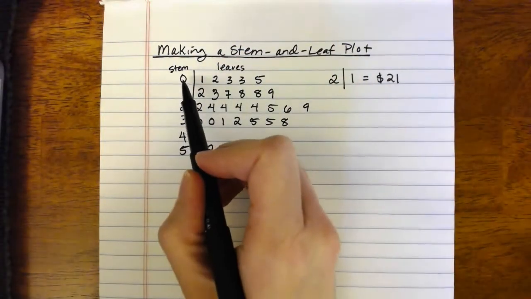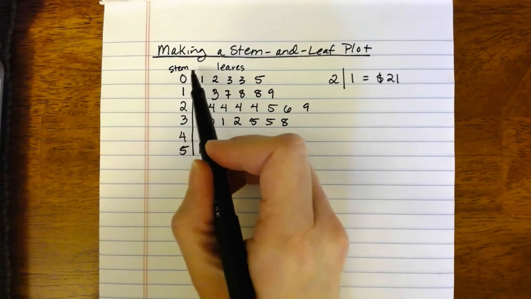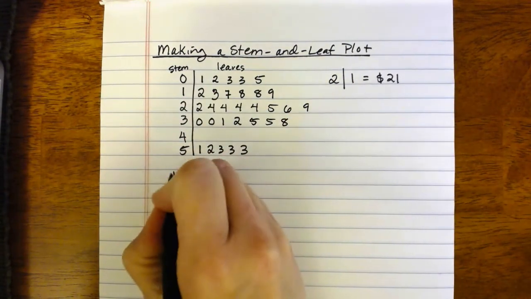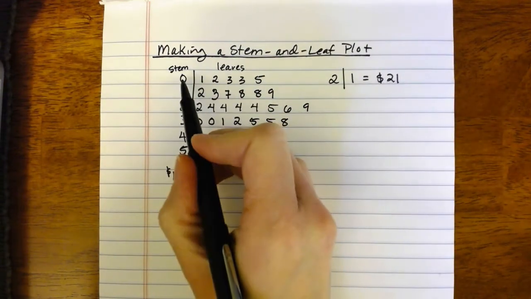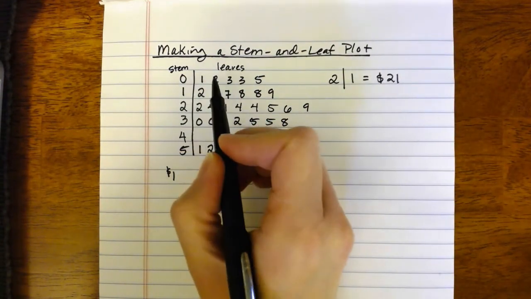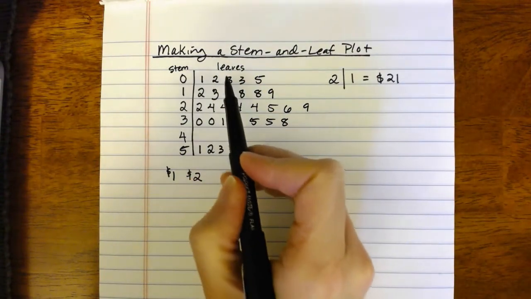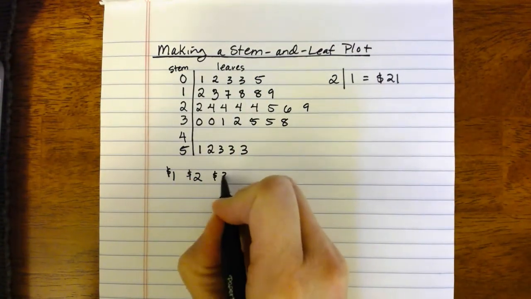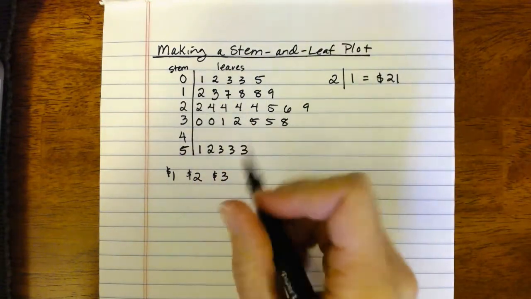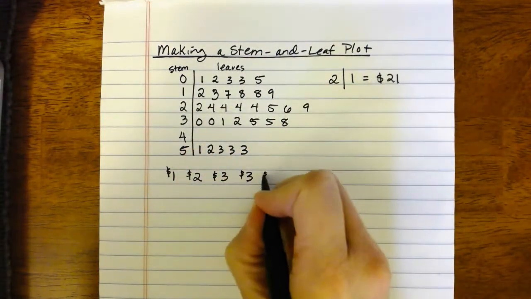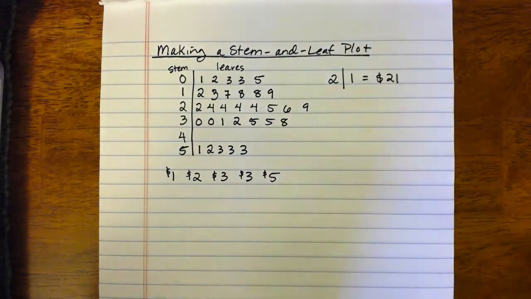So this is telling us that we have one data point with a stem of 0 and a leaf of 1. It's $1. We have another with a stem of 0 and a leaf of 2, which would represent $2. 0, 3 would be $3. We have another 0, 3, and then a 0, 5 would be $5.